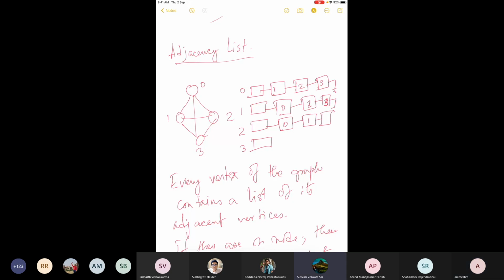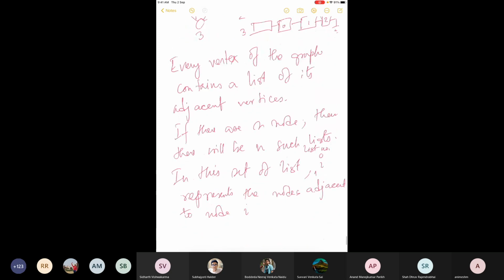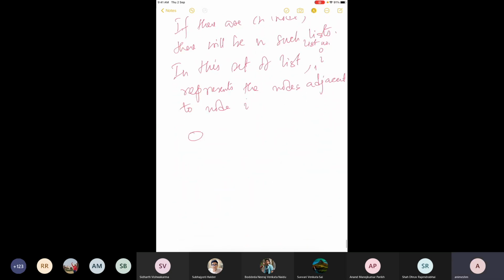Like for the list starting with 0, can we write 3, 2, 1, or shall it be only 1, 2, 3? No, anything is possible as long as the adjacency list is maintained. You have to represent all the edges that are adjacent to 0. Any order is fine. You can also represent directed graphs.